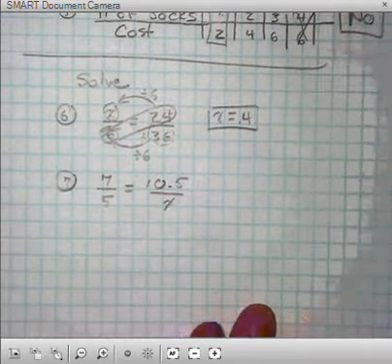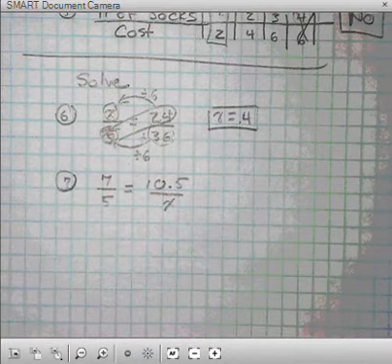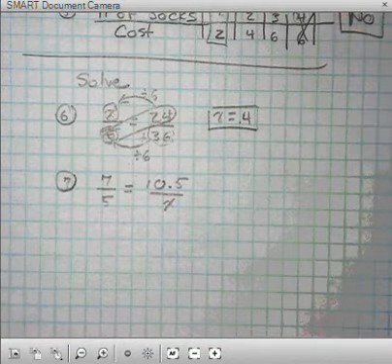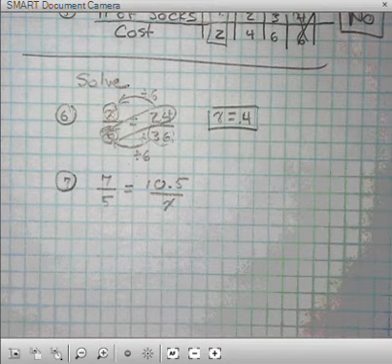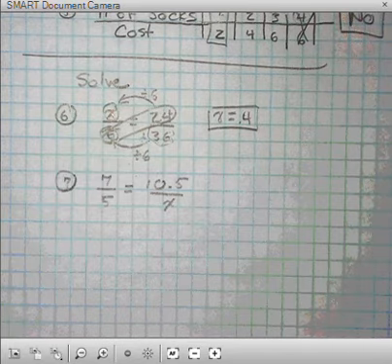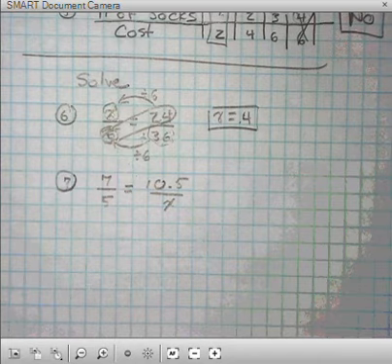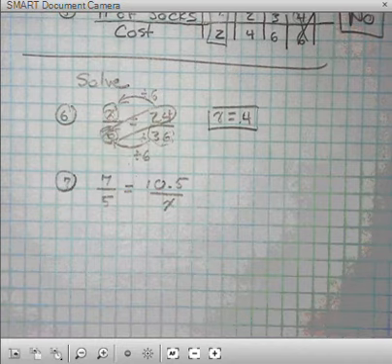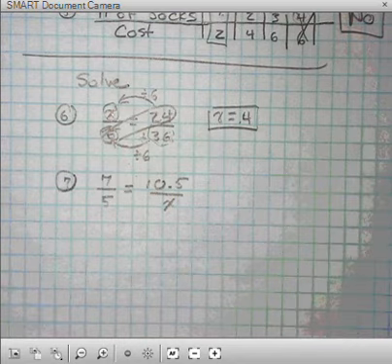Solve for that unknown. Anybody find it?